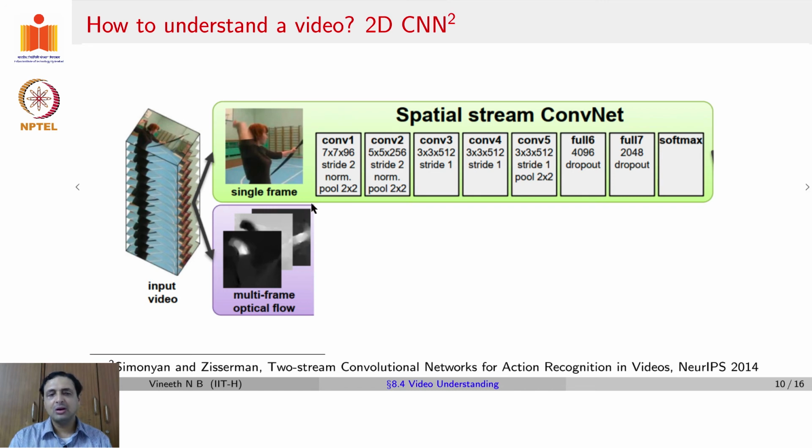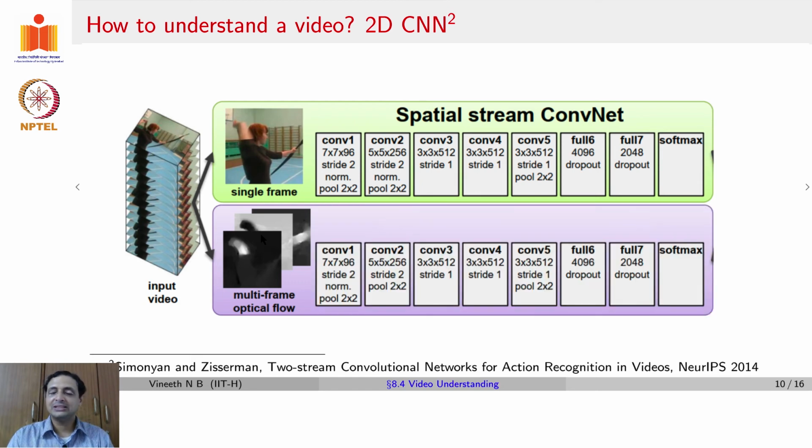So you have multiple frames of the optical flow between every set of consecutive frames across all the frames in the input video. Now this optical flow images becomes a set of channels across the temporal dimension, and one could now perform a standard 2D convolution on this volume of optical flows.